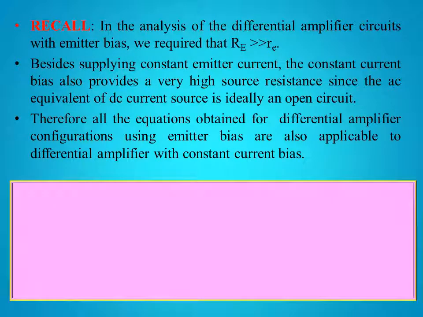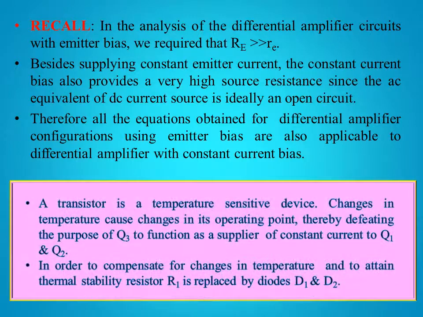Now, I was saying that there is some problem with this circuit too. What is the problem? A transistor is a temperature sensitive device. We all know transistor parameters change along with the temperature. Changes in temperature cause changes in its operating point, thereby defeating the purpose of Q3 to function as a supplier of constant current to Q1 and Q2.